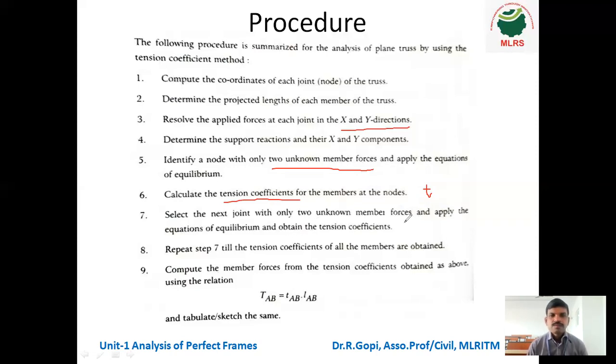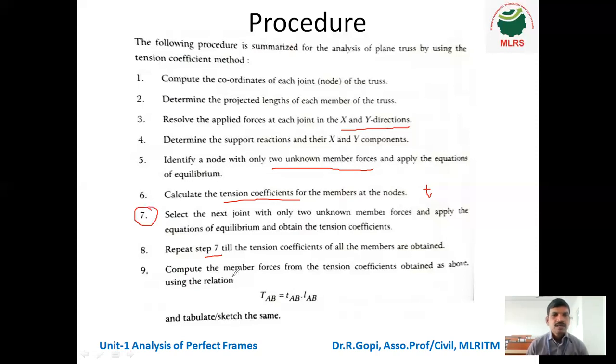If the first node is completed, we switch over to the next node. Next, repeat step 7 till the tension coefficients of all the members are obtained. Suppose 10 members are there, we need 10 tension coefficients and 10 member lengths, so we repeat step 7.